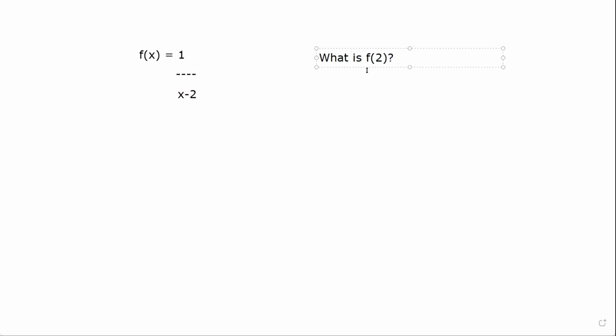What is f of 2 versus when is f of x equal to 2? Those are different. Yeah, I learned that one the hard way.